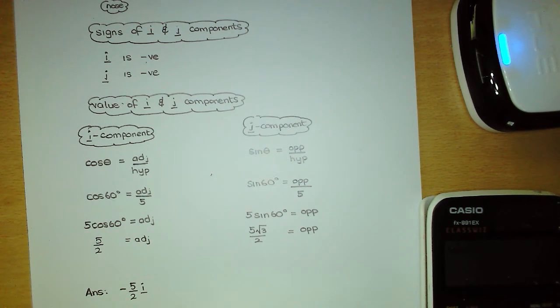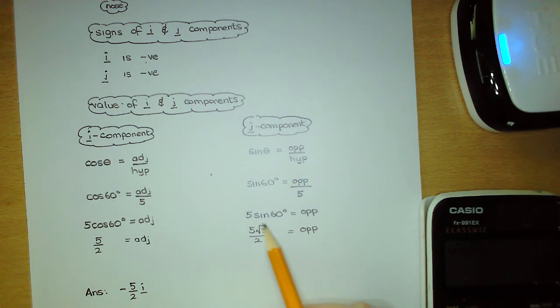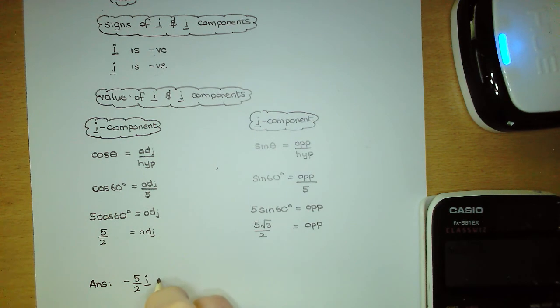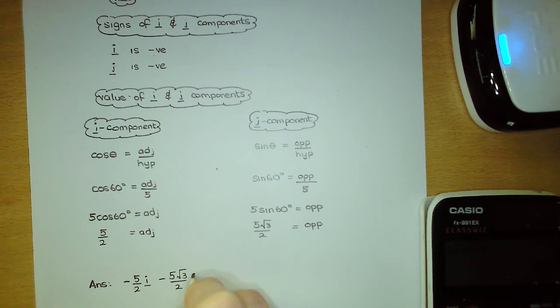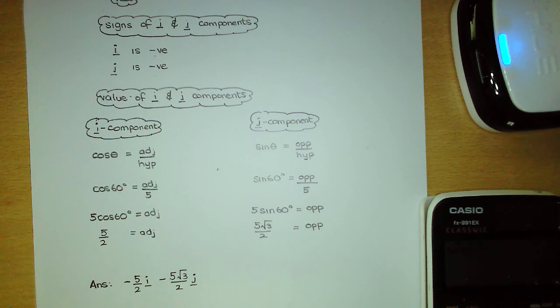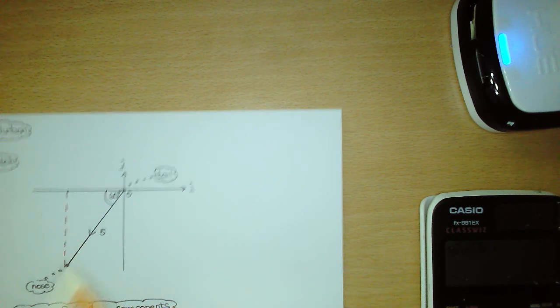And then the j component is negative, and its value is 5 root 3 over 2, so the j component is going to be negative 5 root 3 over 2, and then obviously we've got our j after that. And that is the vector in exact component form when you're only given its direction and its magnitude.